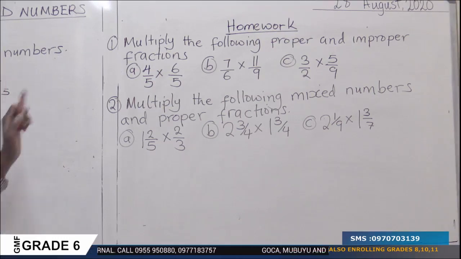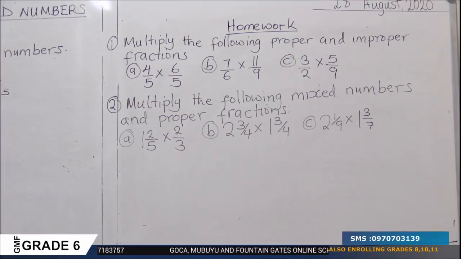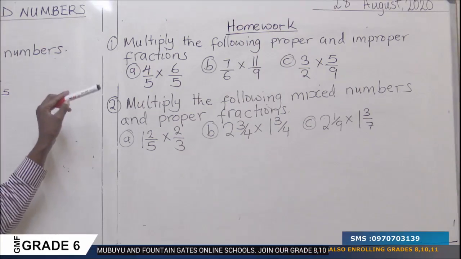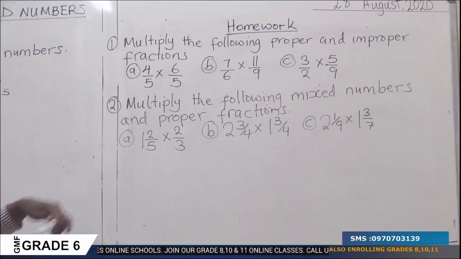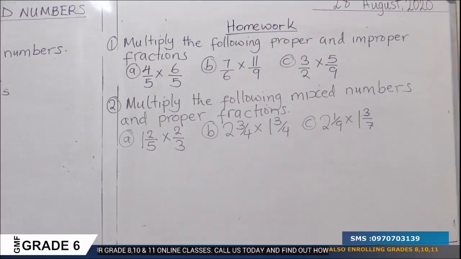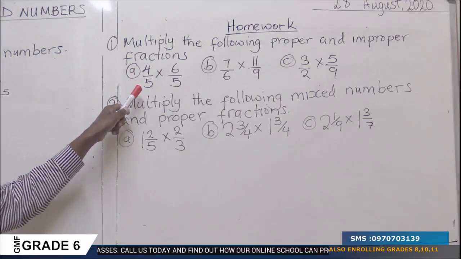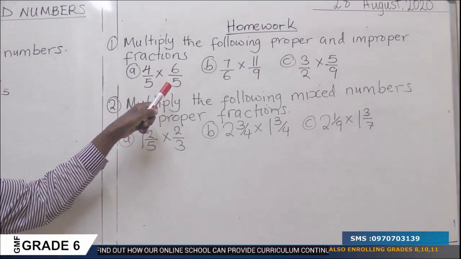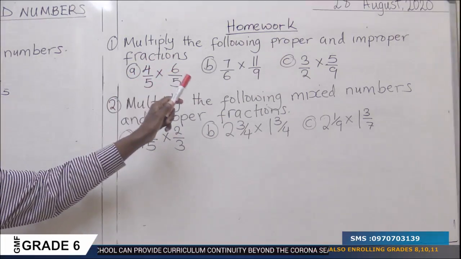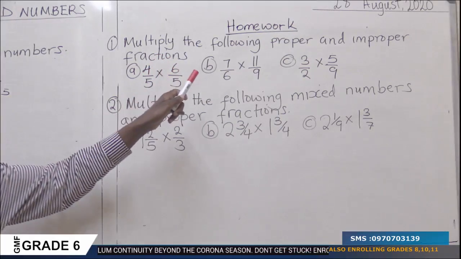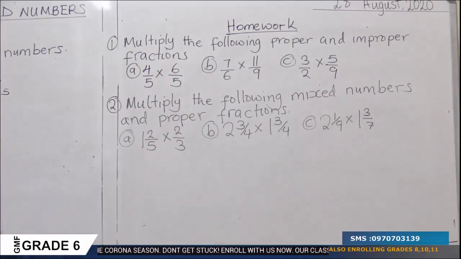Okay, so the first question says, multiply the following proper and improper fractions. 4 over 5 times 6 over 5. B, 7 over 6 times 11 over 9. C, 3 over 2 times 5 over 9.